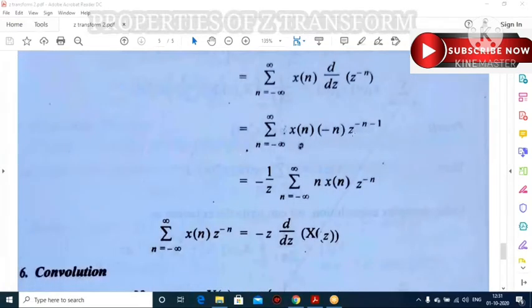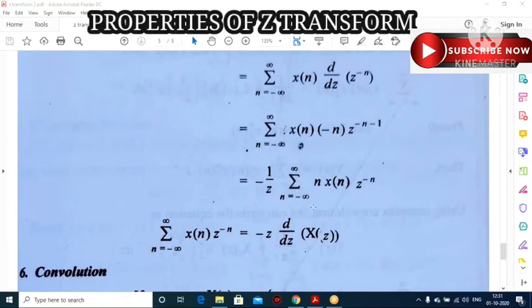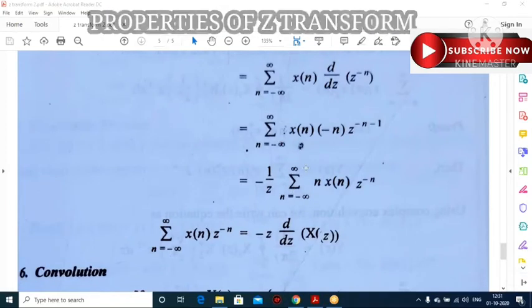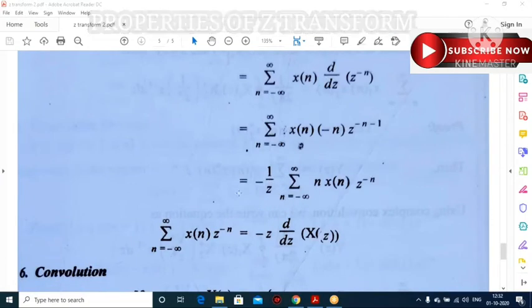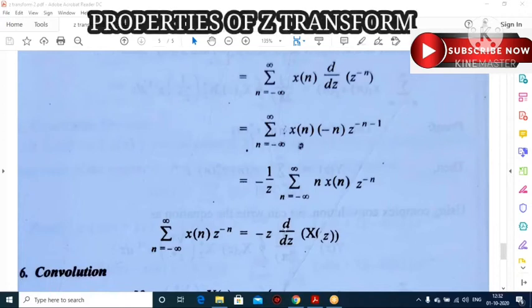Now here the summation from n equal to minus infinity to infinity of n into x of n z power minus n. Outside this summation, you bring out minus 1 by z, because here I want to prove minus z into d by dz of X of z only.